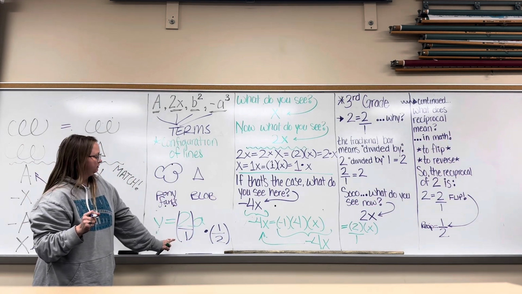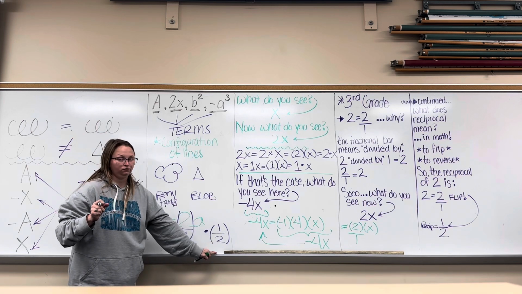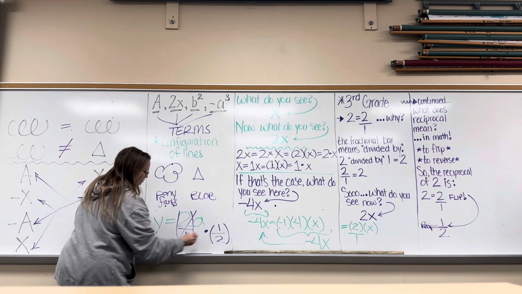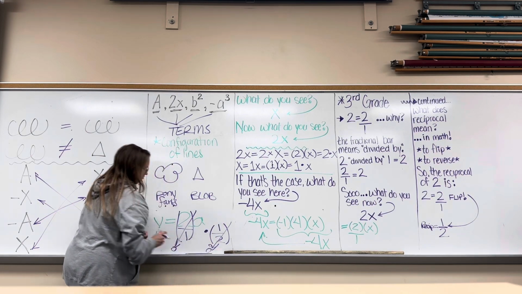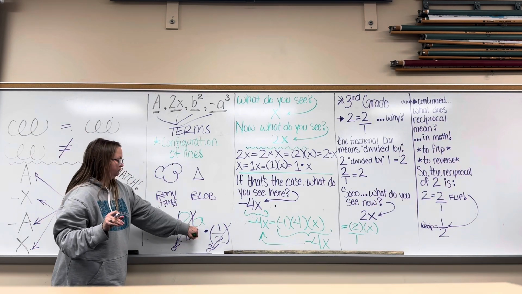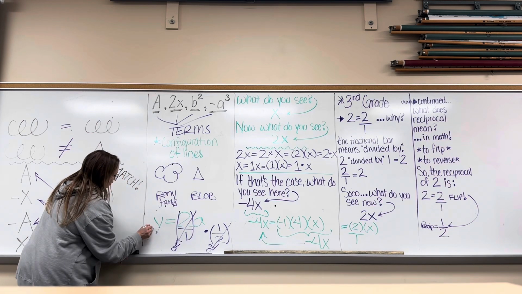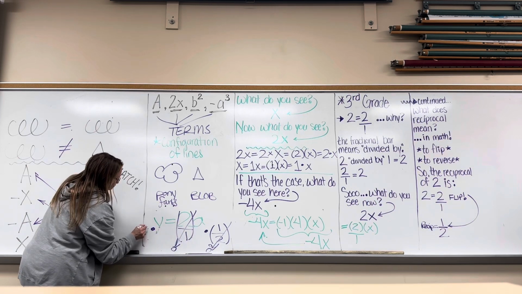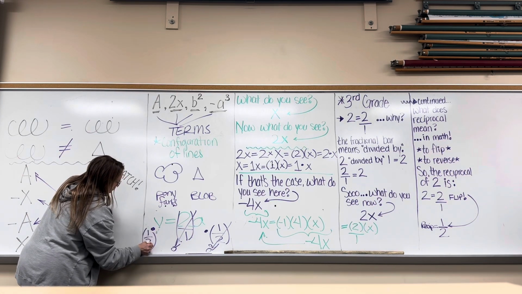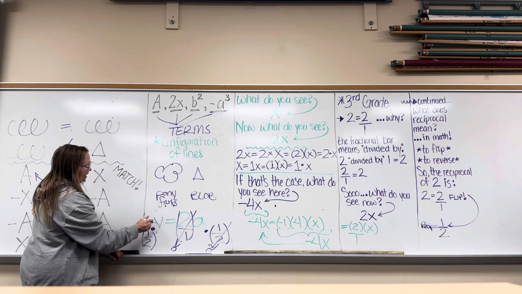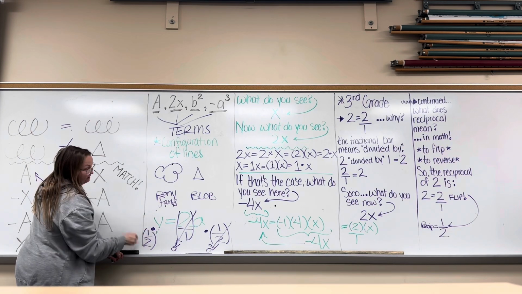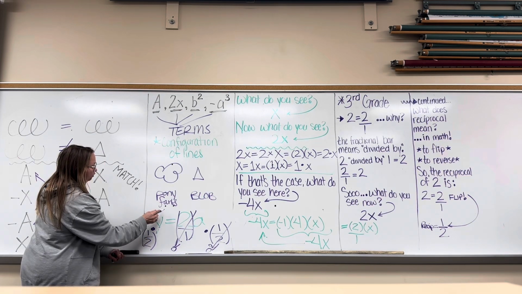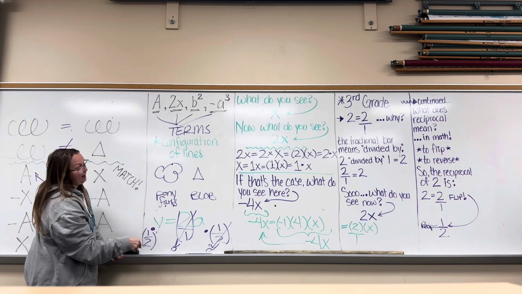2 over 1 times 1 over 2 cancels each other out. They cancel each other out. All you're left with over here is a. Now you're multiplying this side by the reciprocal, 1 over 2. This side is y over 2, or y times 1/2.